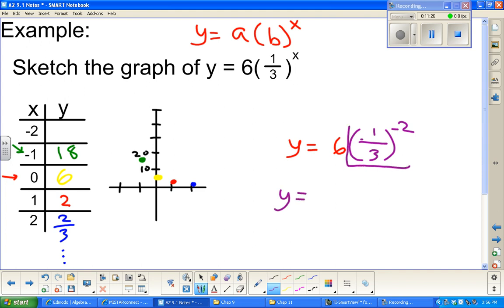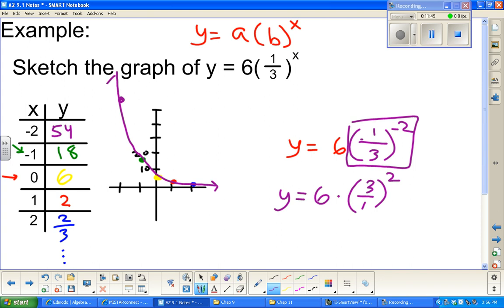Again, it's the reciprocal to the +2nd power. That's 3 to the +2nd power, that's 9. 6 times 9 is 54. So when we're at -2, we're way up here at 54. So that's why you get this other looking shape that's kind of decreasing.